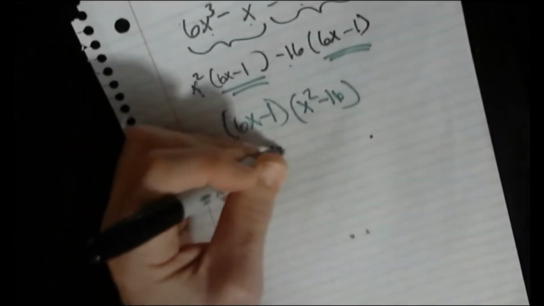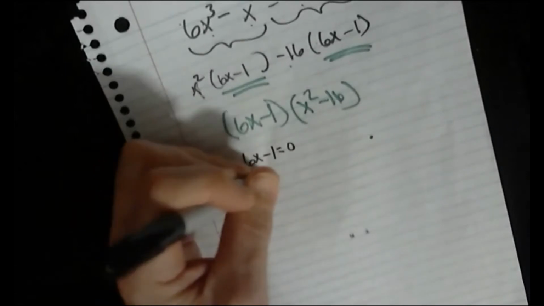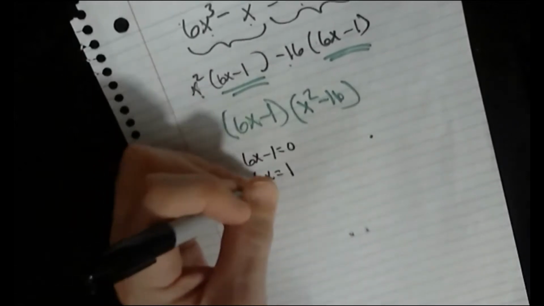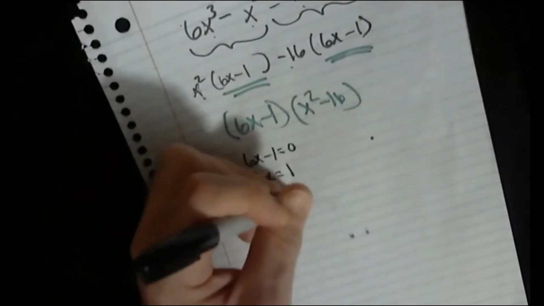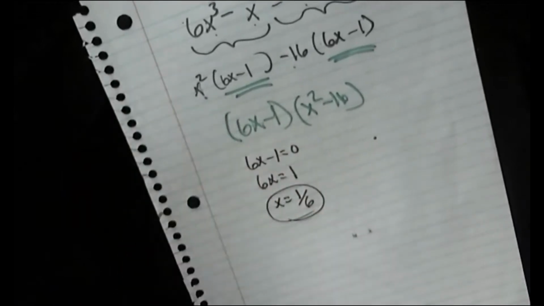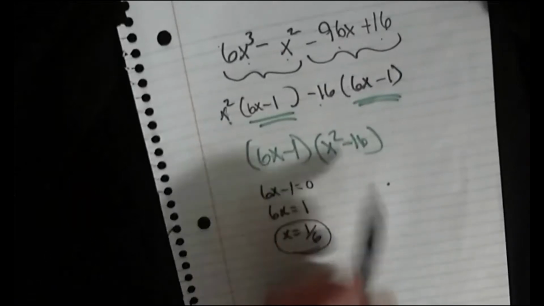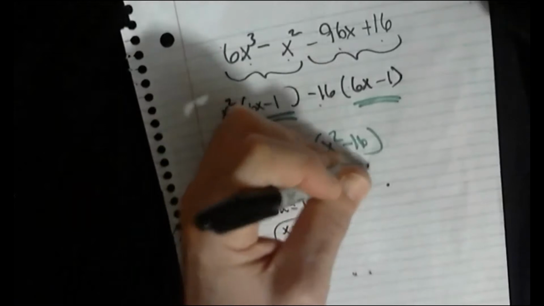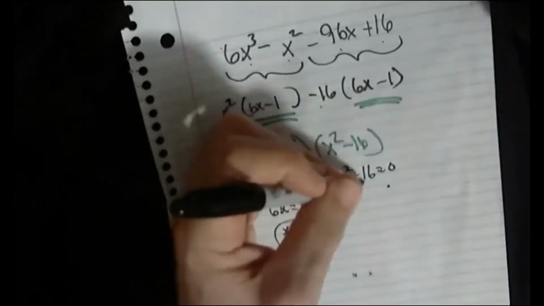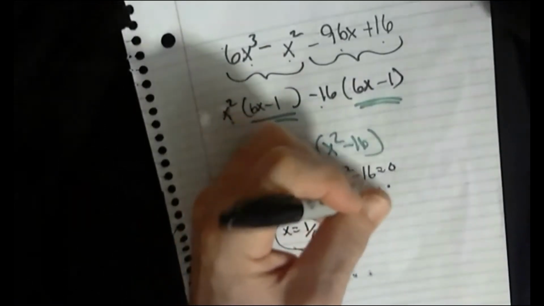So if 6x minus 1 is a factor, set that equal to 0, add 1 to both sides, divide by 6. I get a zero of 1 over 6. If x squared minus 16 equals 0, add 16 to both sides.